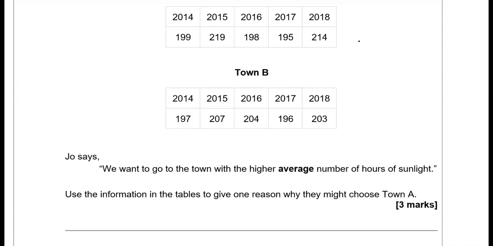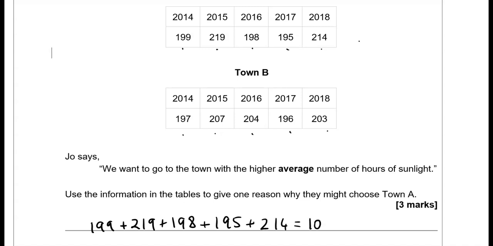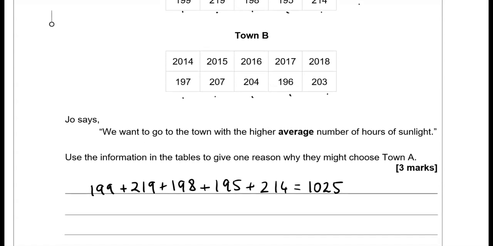So we'll work out the mean of both of the sets by adding these 5 values and then dividing the total by 5 and repeating the process with the other 5 values for town B and then comparing the answers. So 199 add 219 add 198 add 195 add 214, which is 1025. Now dividing that by 5 gives us 205.